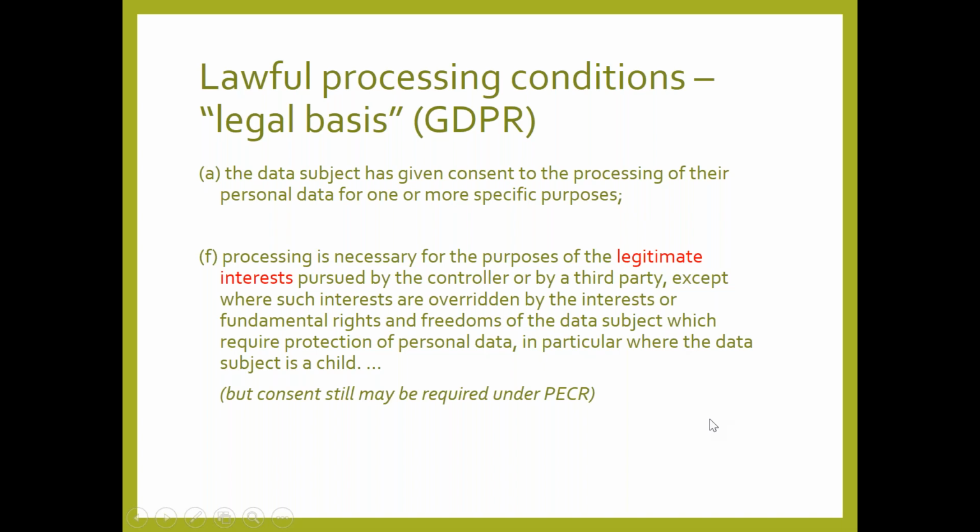And so what it is saying is that processing it for direct marketing purposes may be regarded as in your legitimate interests, except that, don't forget, the privacy and electronic communications regulations come along with an extra requirement that consent may be required for electronic contact like phone, email and text messaging.